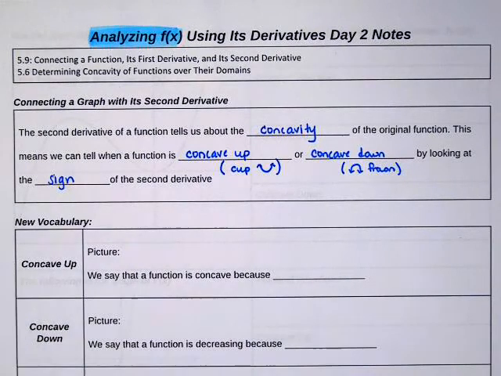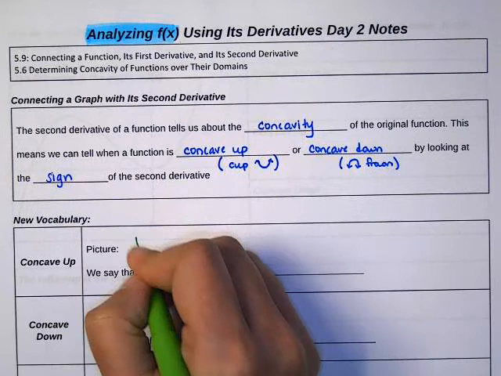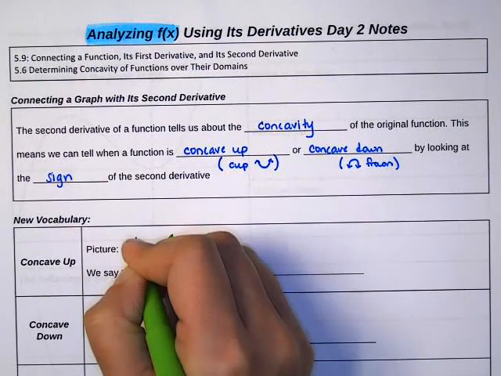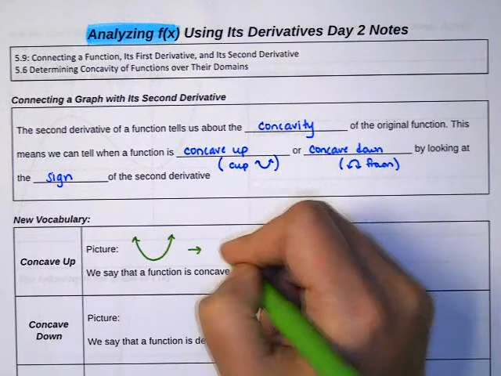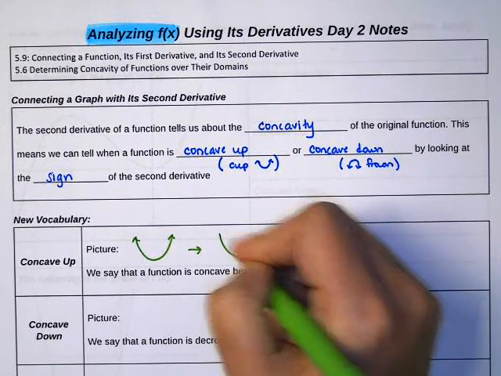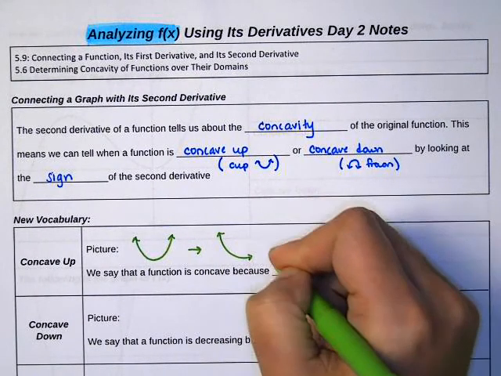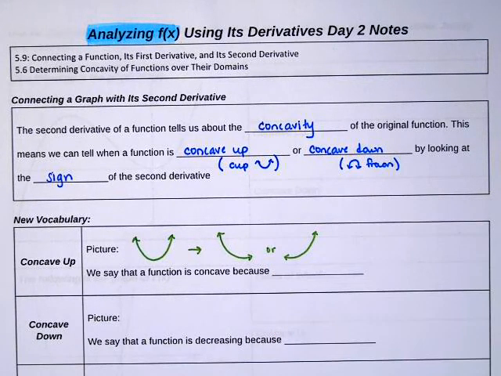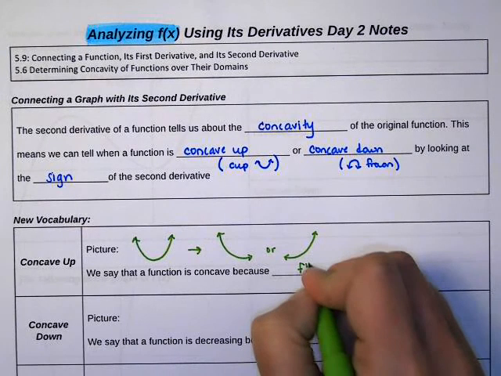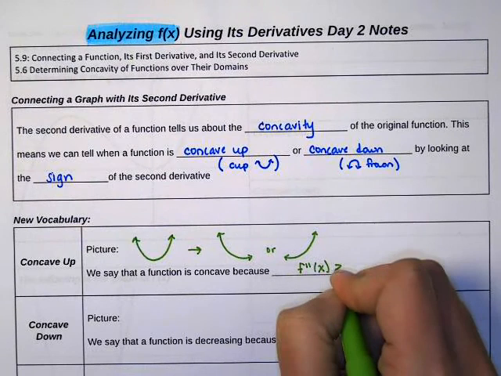So here's what concave up looks like. Concave up means it's shaped like a cup. What that really means is that the graph could look one of two ways. It could be concave up but going downhill, or it could be concave up but going uphill. We say that a function is concave up because the second derivative is greater than 0.